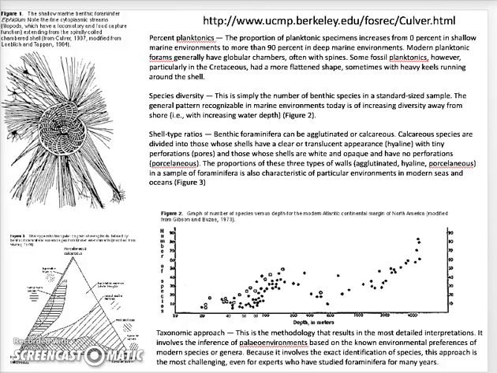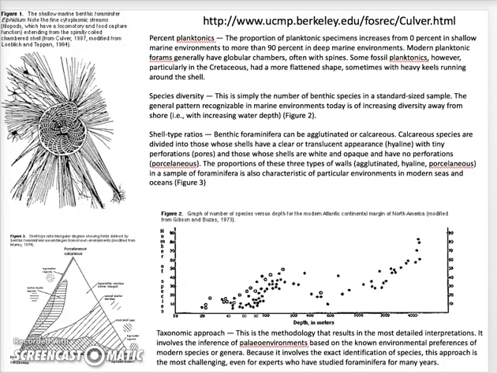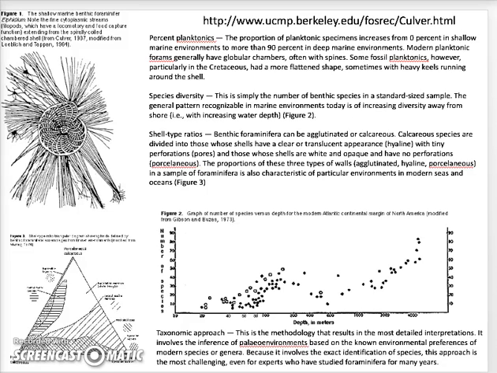Mapping of such features enables the positions of former coastlines to be established and the vertical range of sea level variations to be estimated.